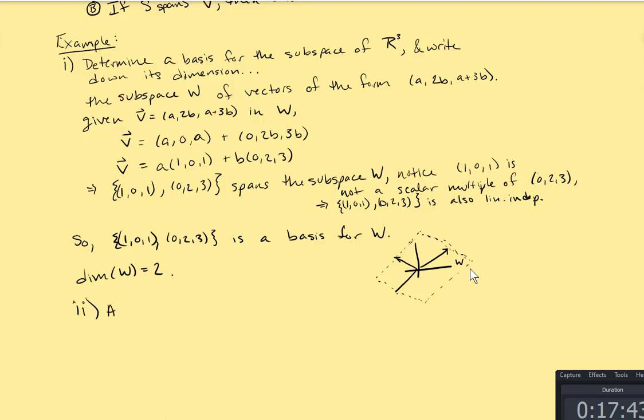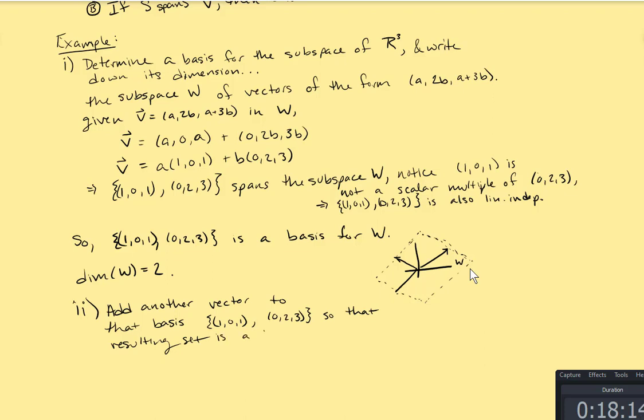Let's say we add another vector to that basis so that the resulting set is a basis for all of R3.